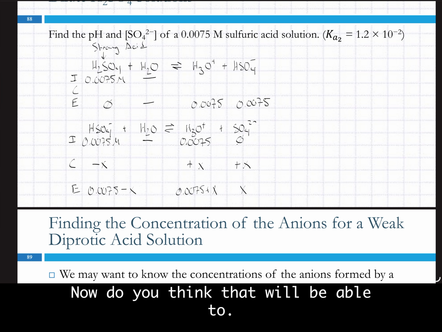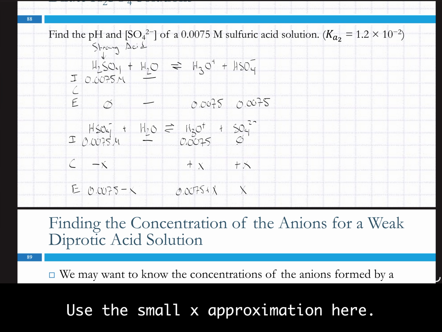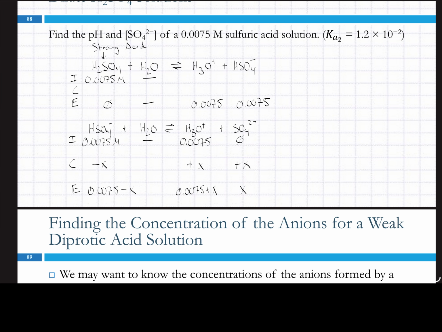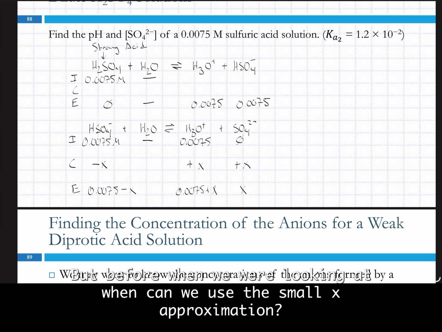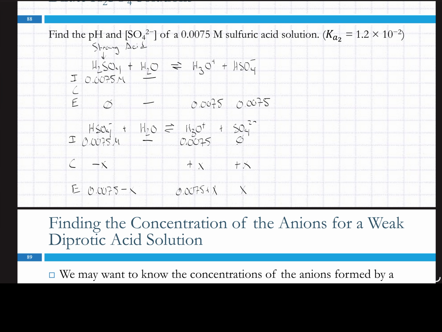Now, do you think that we'll be able to use the small x approximation here? Based on our typical rules, no. But before, when we were looking at when we can use the small x approximation, most of the time I didn't already have something in the products.